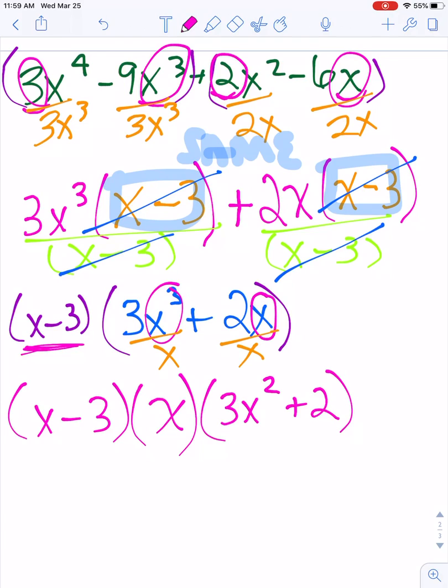So, all in all, our three factors are x minus 3, x, and 3x squared plus 2. Those are our three factors, and you can always go through and FOIL those out if you're not really sure. I think I might be wrong. You can always check your answer by refoiling things out.